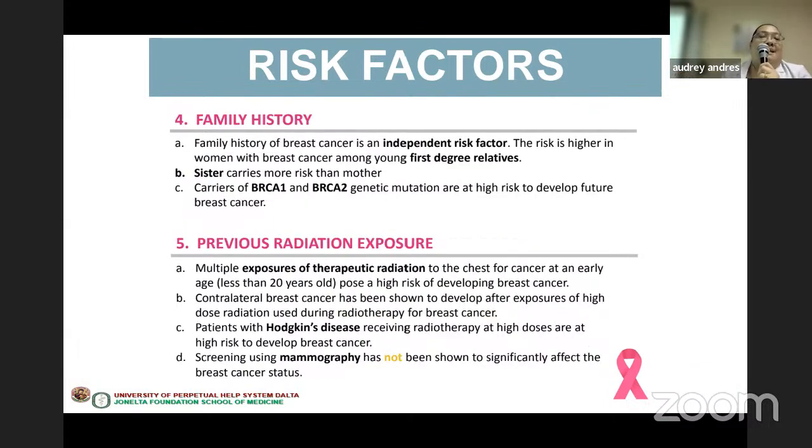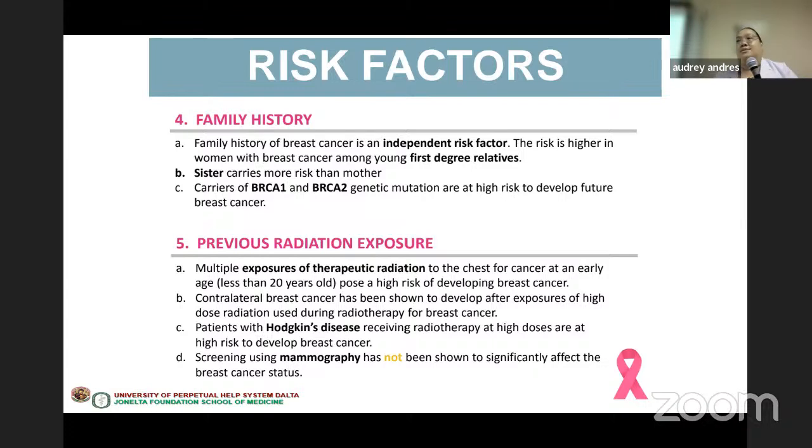Of course, in any malignancy, any family history, especially if you have breast cancer among first degree relatives. Sister carries more risk than mother. And of course, your BRCA1 and BRCA2 would be the mutations that would be most at risk to develop future breast cancer.